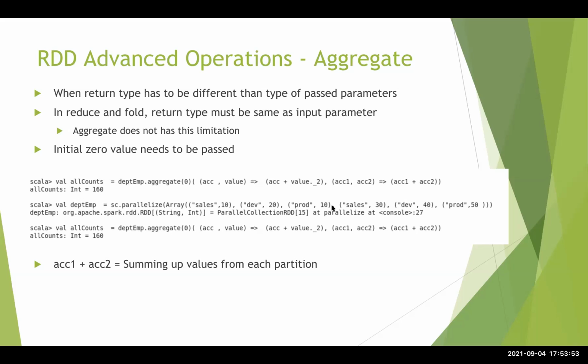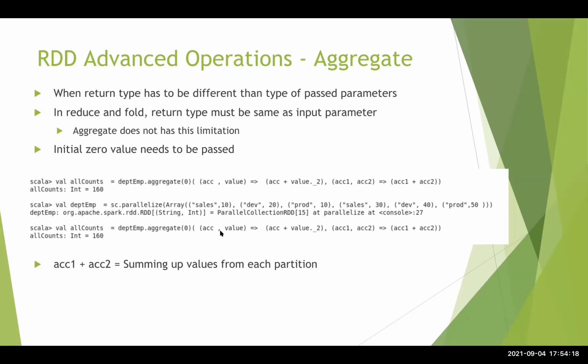For performance reasons, aggregate would want to do the aggregation of these on the same node, applying your associative and commutative function, like reduceByKey, so that data transfer is less. We'll see this with this example.